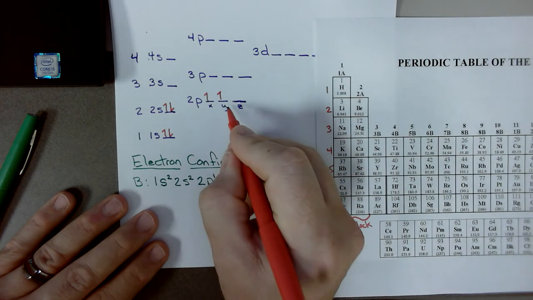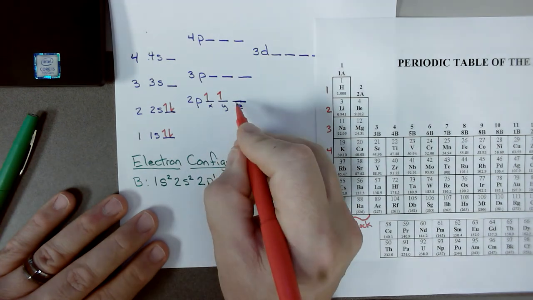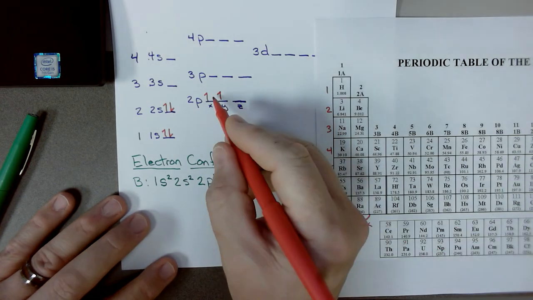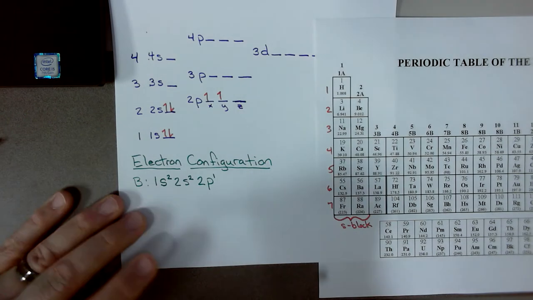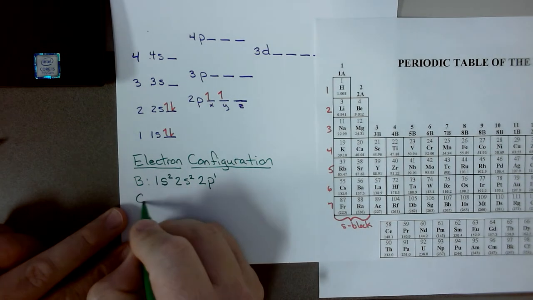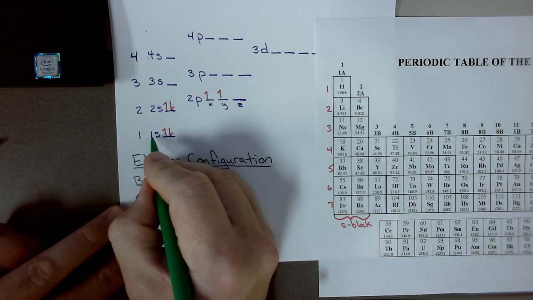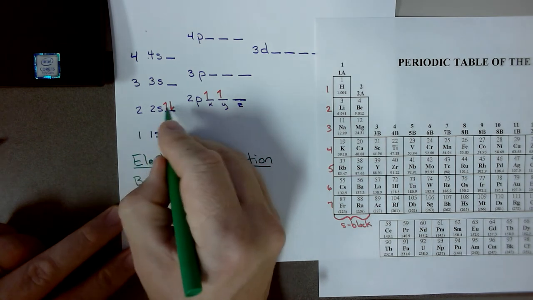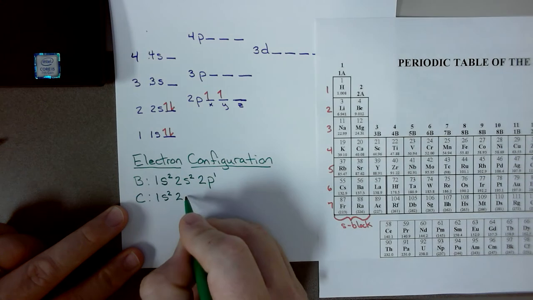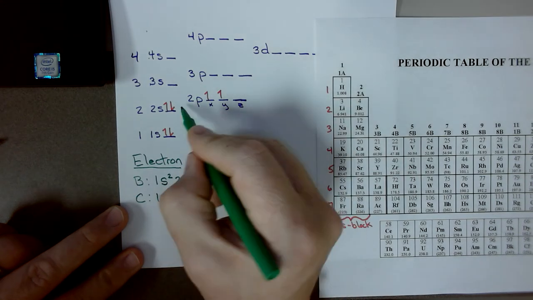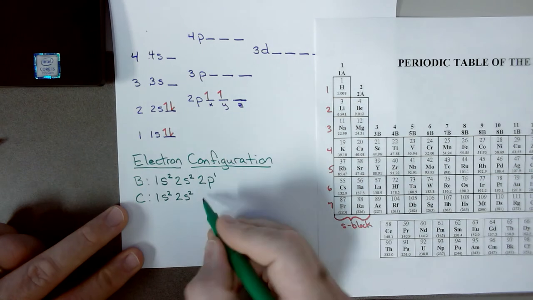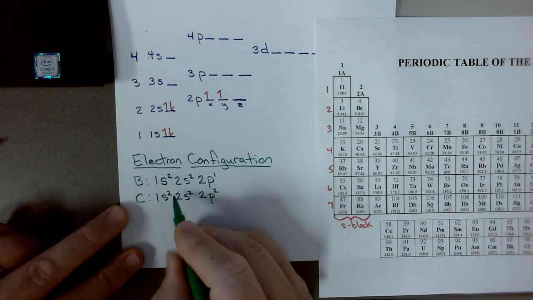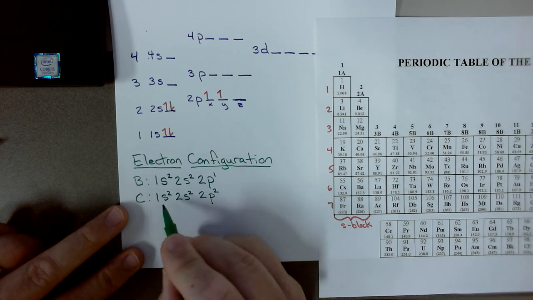Remember, I have to put an electron in each orbital before I double up. That's Hund's rule. If I wrote the electron configuration for carbon, it would be 1s with 2 electrons, so that's a 1s2, 2s with 2 electrons, so that's a 2s2, and then a 2p with 2 electrons. So this is the electron configuration for carbon.